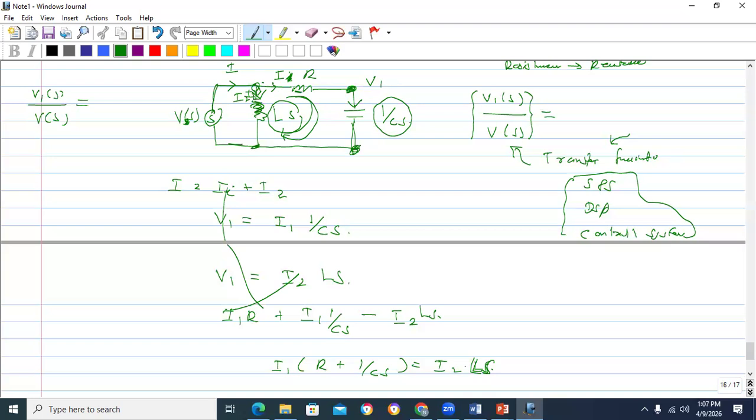I forgot that resistor. Sorry. You can directly tell that. What is that?